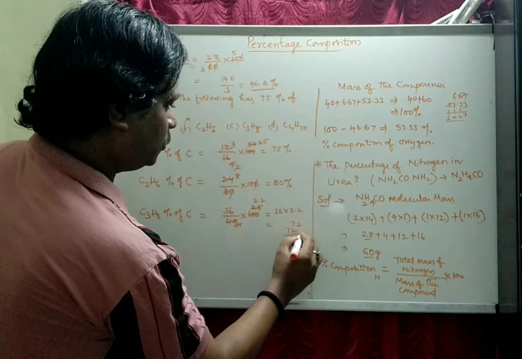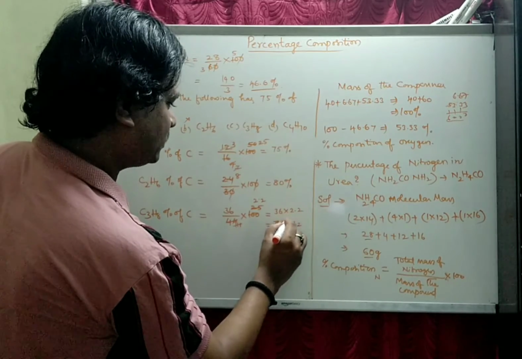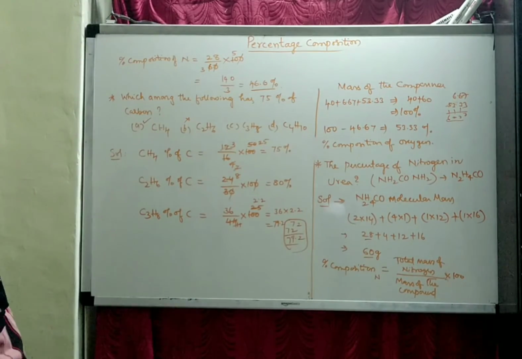Again 72, 2 9s are 18. Okay, we get 79.2 percent. So this won't be correct. It is also wrong.